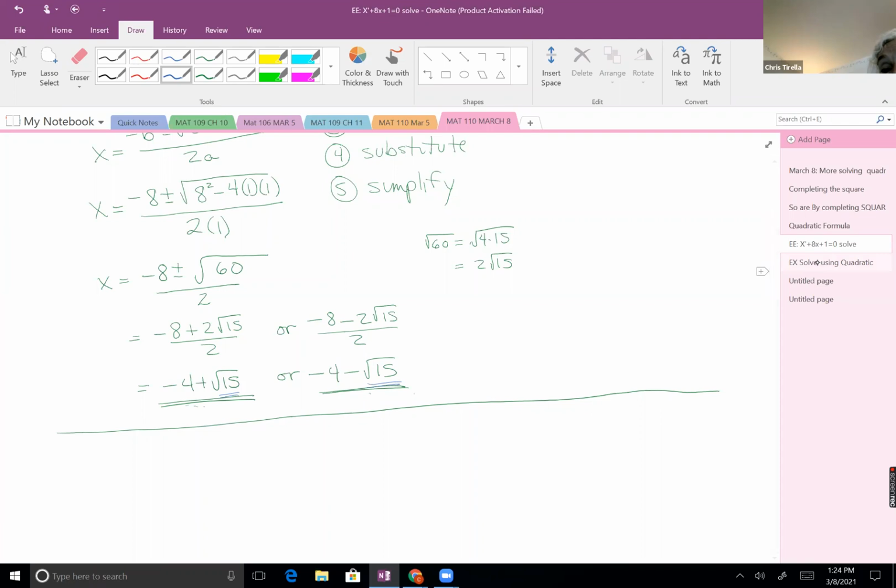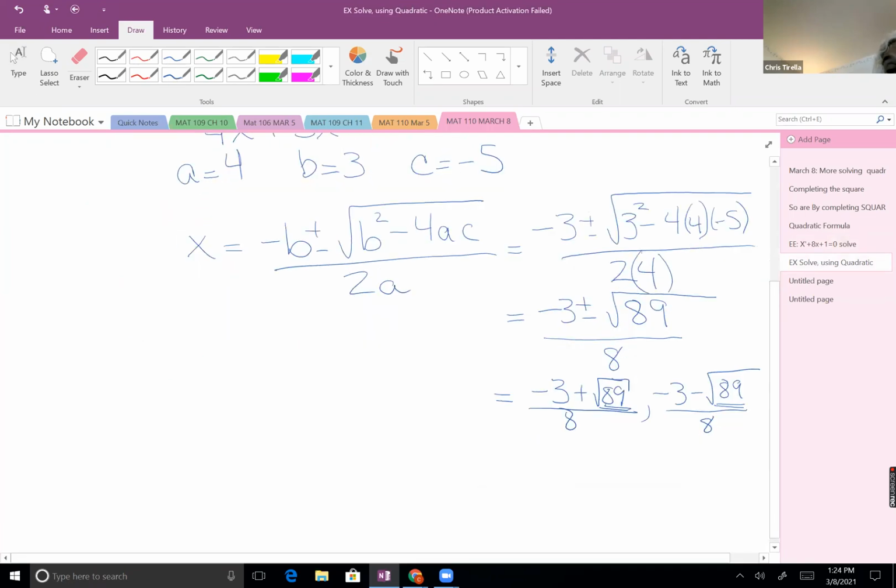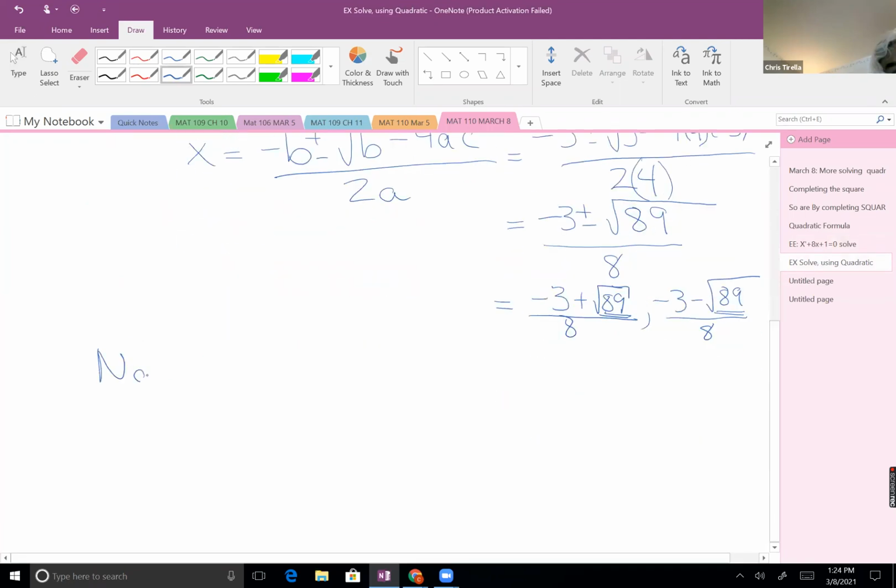And there's something that's referred to as finding the nature of the roots. And when I look for the nature of the roots, I look for the discriminant.